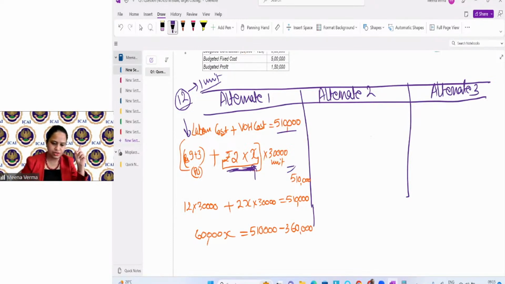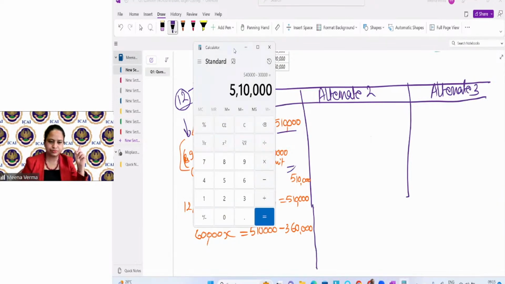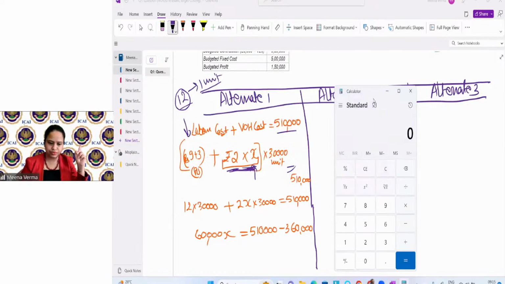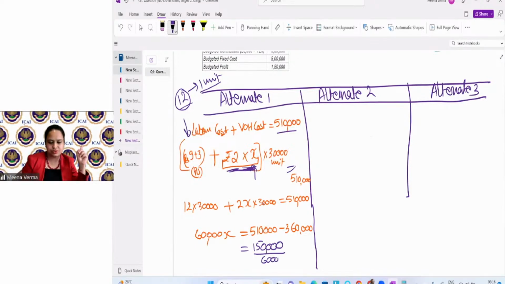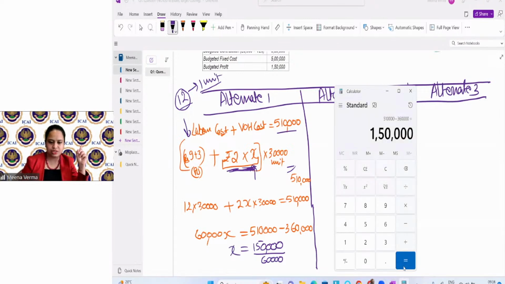Solve this, you will get the answer. So 5,10,000 minus 3,60,000 is coming as 1,50,000. If I divide it by 60,000, x is coming as 2.5.